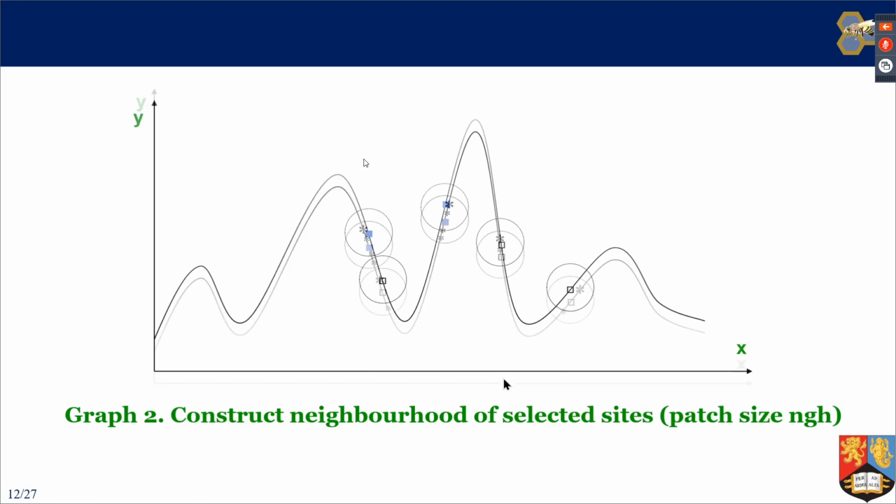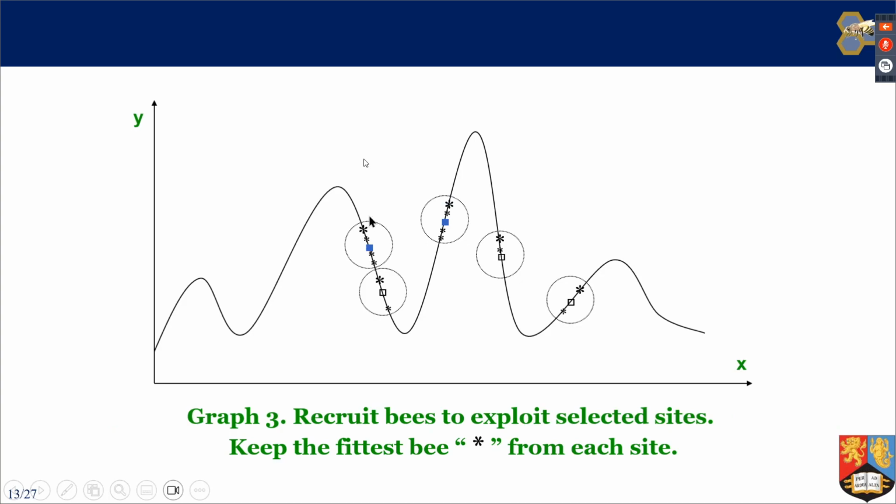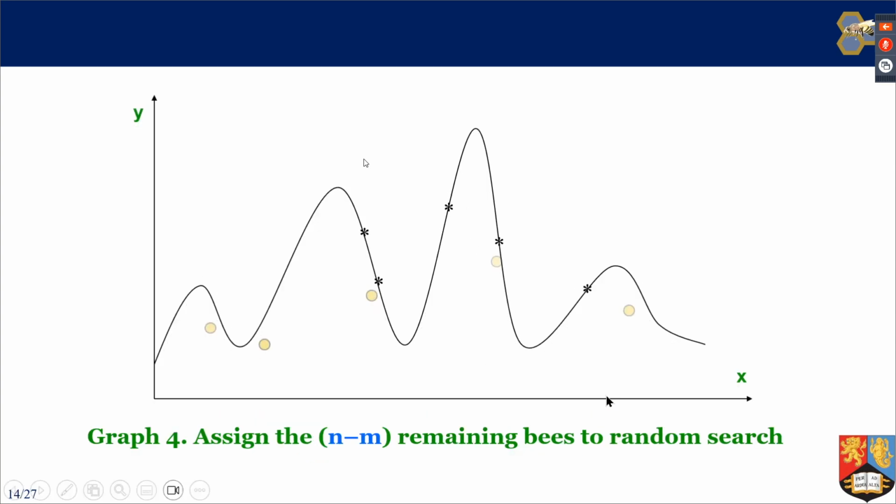So there are these 5 bees. They go to the blue, and there were 3 bees to the white squares. And then we select the best bees from those patches. So now we have new bees plus the 5 randomly allocated bees for scouting.